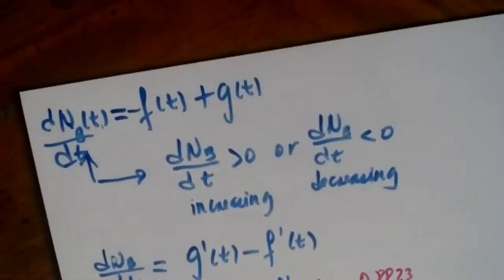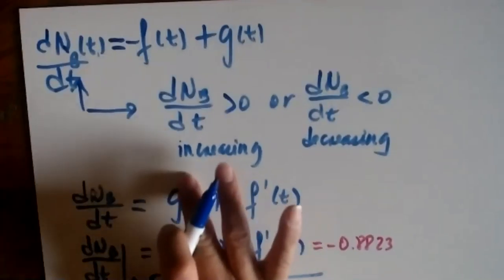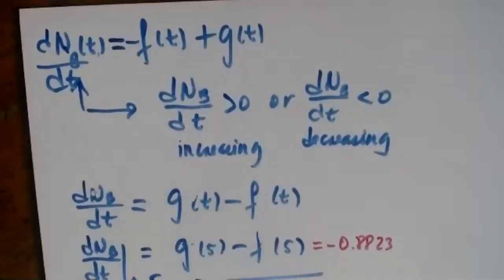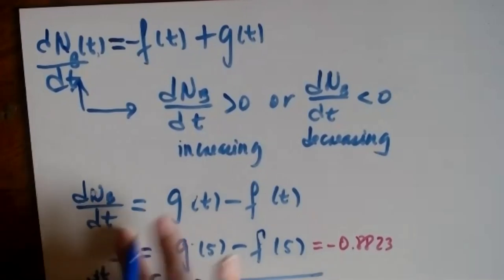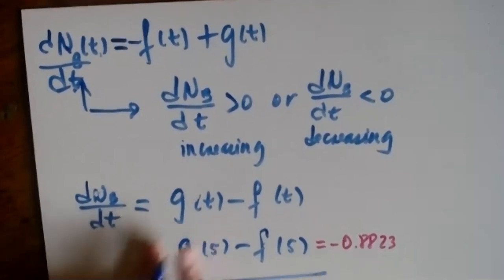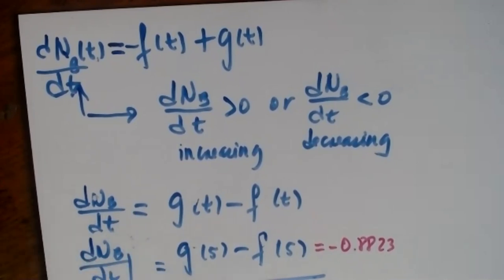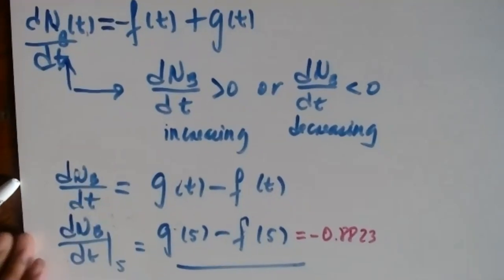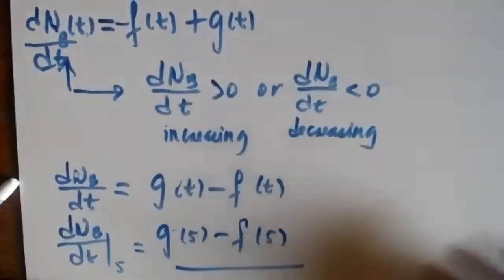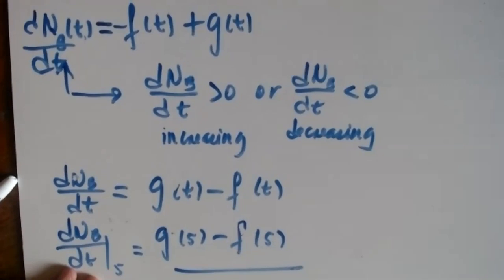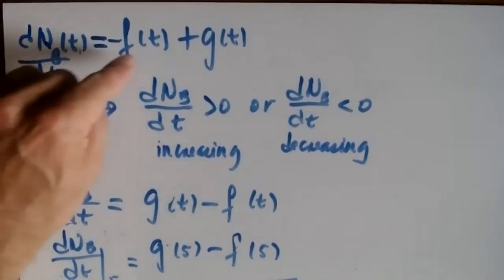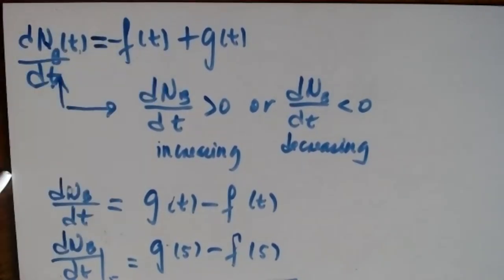It's really not the derivative, it's just this one. See? So dN_B/dt at 5 equals 1. So we don't have to take the derivative. We have to take the number only. Sorry, this is the rate of change. Because this is dN_B/dt, this is f minus t, correct.